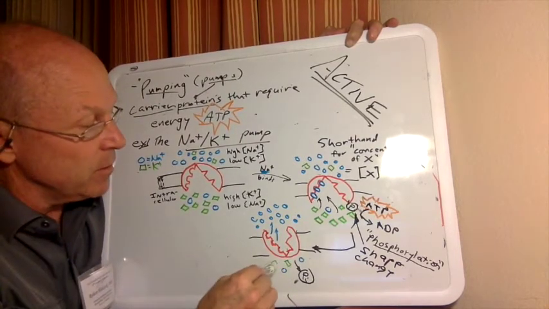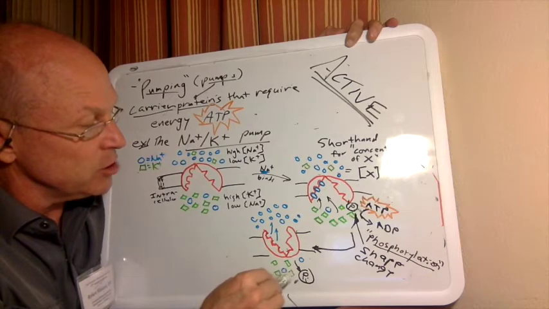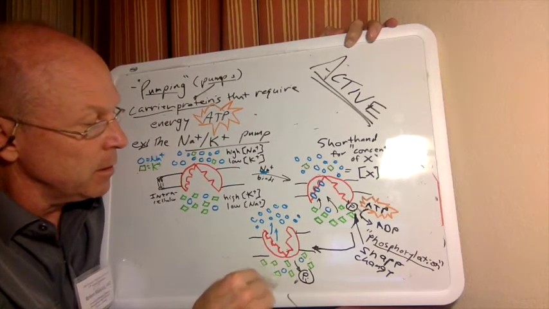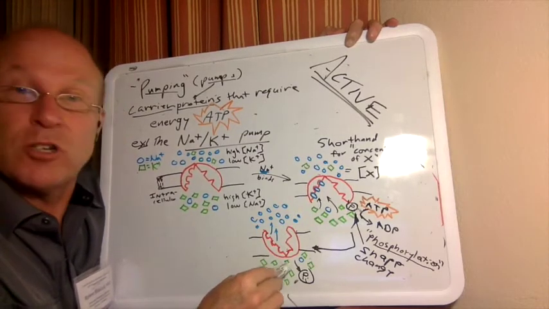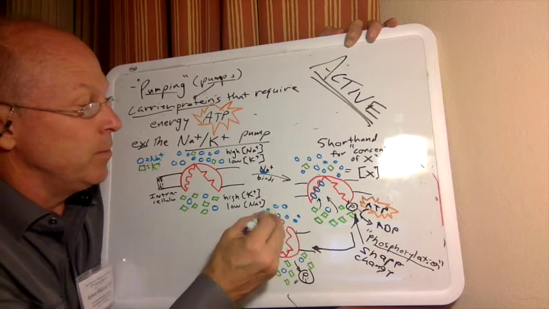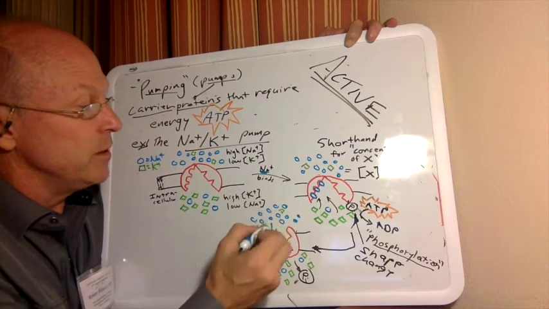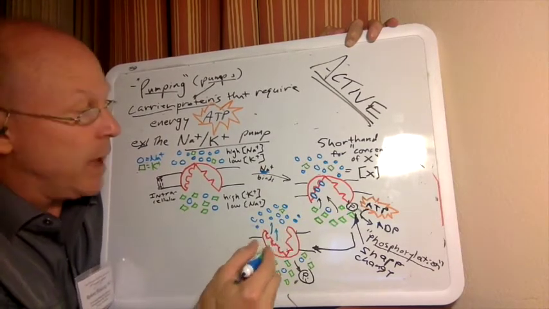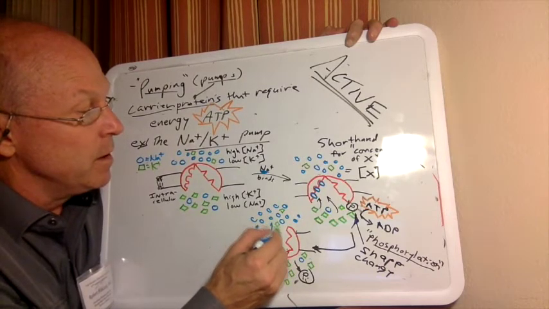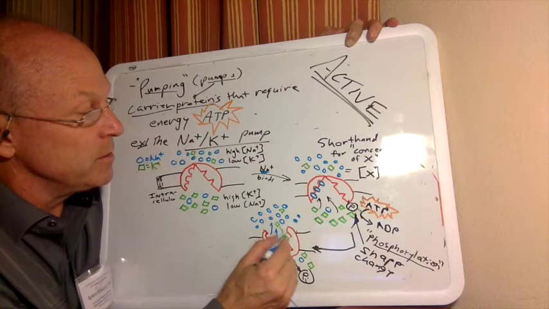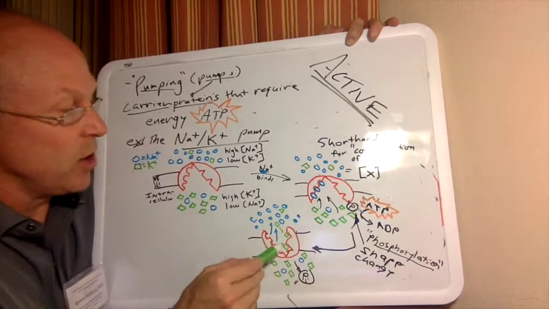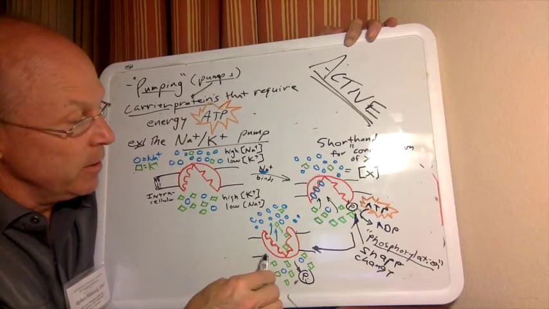So we have a large concentration of potassium here and a small concentration of sodium. Up here, a large concentration of sodium and a small concentration of potassium. But what I'm going to show you is that the potassium ions come in and fill their spaces at this point.